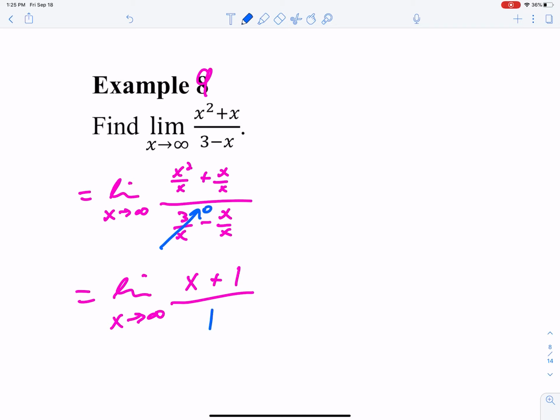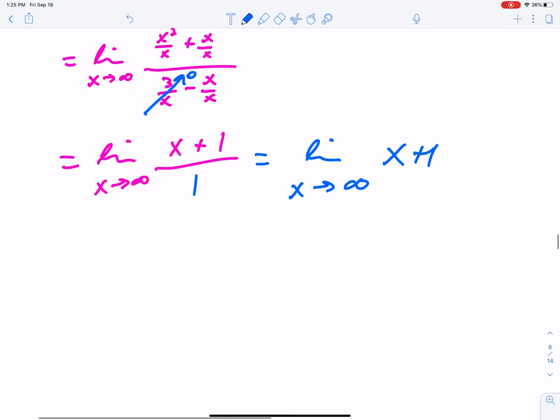All right. So this really becomes the limit as x approaches infinity of x plus 1. Well, because we have a polynomial, we're allowed to plug in: infinity plus 1 is infinity. Okay. All right. And there we go.